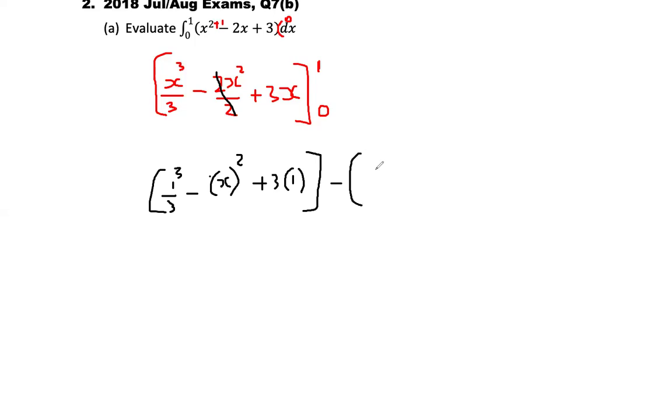Yes. The second one will do the same thing. 0 raised to power 3 over 3 minus 0 raised to power 2, no, there's no over because it's actually reduced. So it's just 0 raised to power 2 and then minus 3 multiplied by 0.